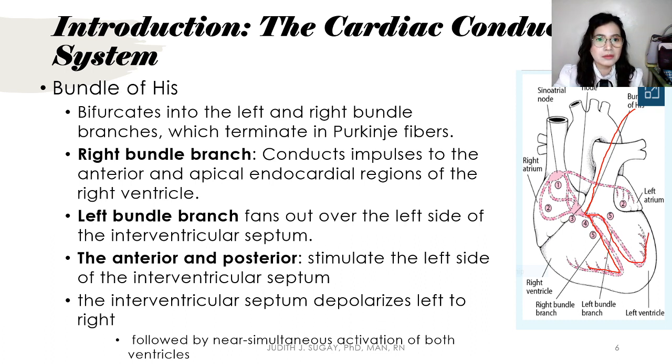The right bundle branch conducts impulses to the anterior and apical endocardial regions of the right ventricle. Here we can see that. Whereas the left bundle branch fans out on the side of the interventricular septum. We can also notice the anterior and posterior part. That portion stimulates the left side of the interventricular septum, which is the first part of the ventricles to be electrically activated.